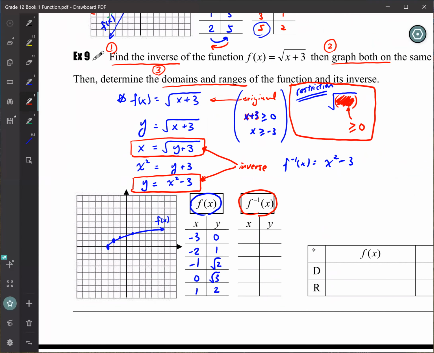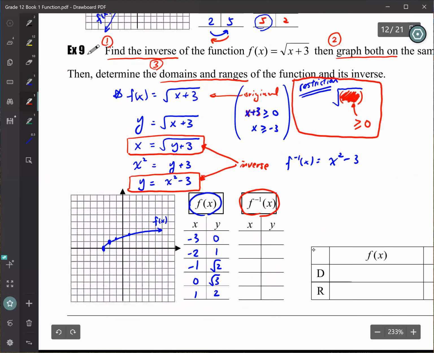Okay, Vicky, how do we get points for the inverse? Is it the y of f of x? Okay, so the x value will be what? 0, 1, root 2, root 3, 2. Very good.